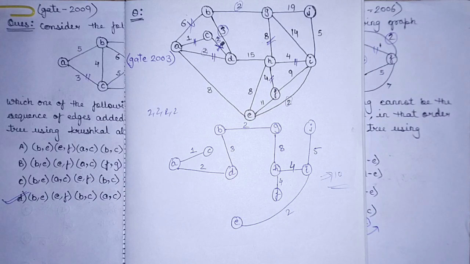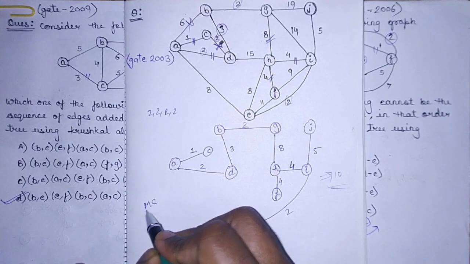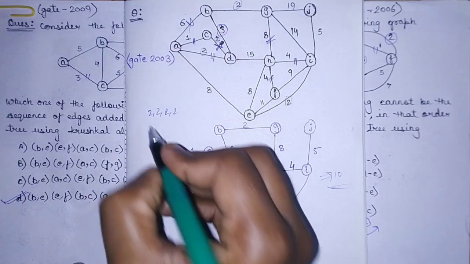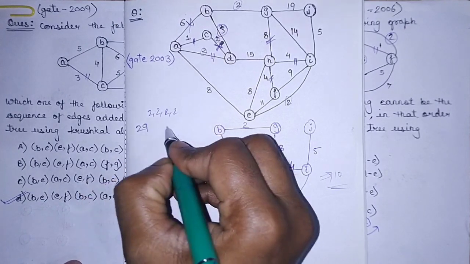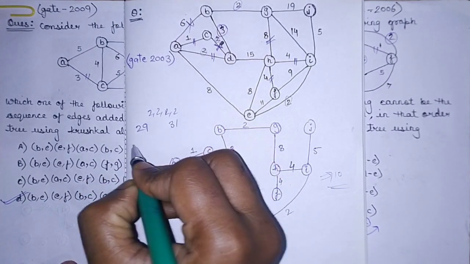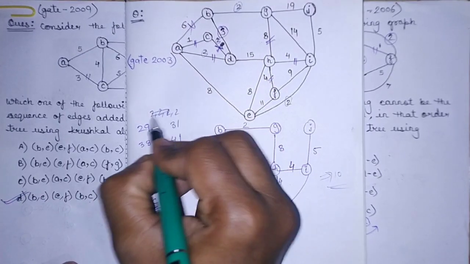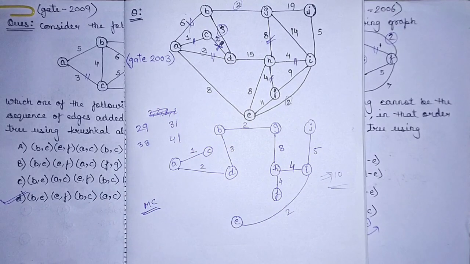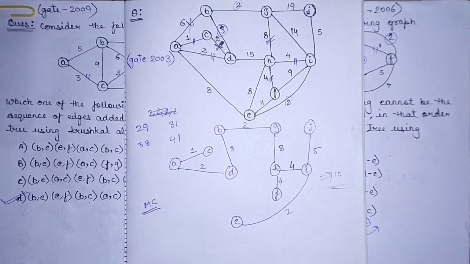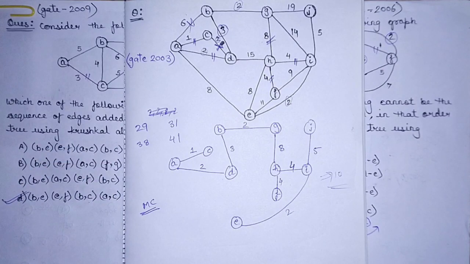So now we have to find out the minimum cost. They gave the options: A was 29, B was 31, C was 38 and D was 41. We have to find out which of these four options is the right answer. It can be numerical type also, but they gave these options in the year 2003.